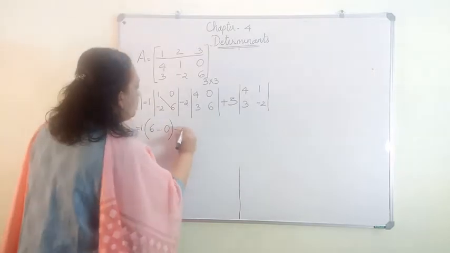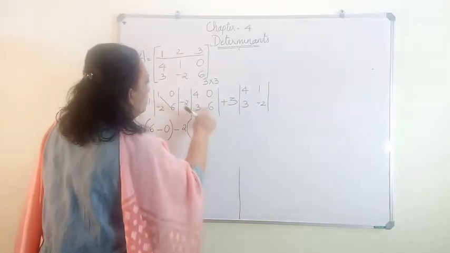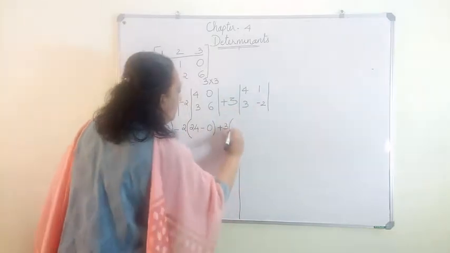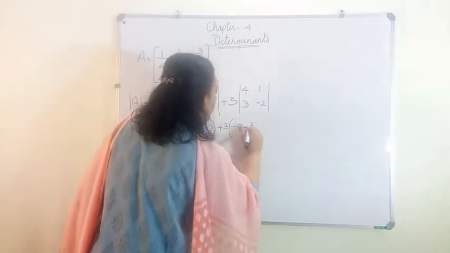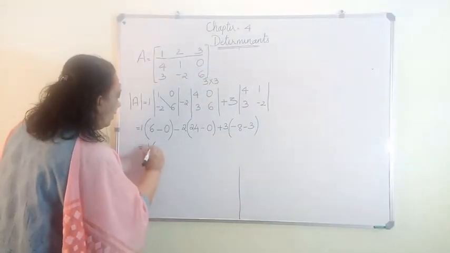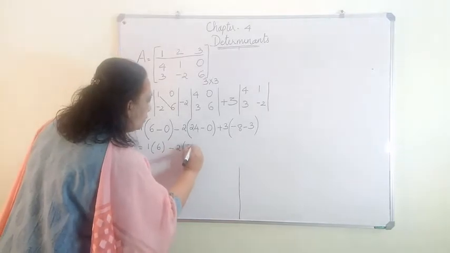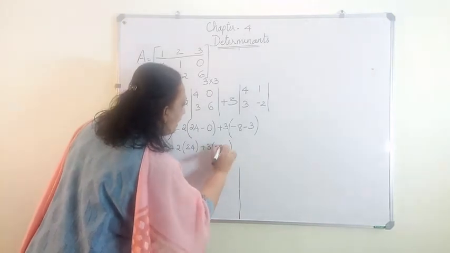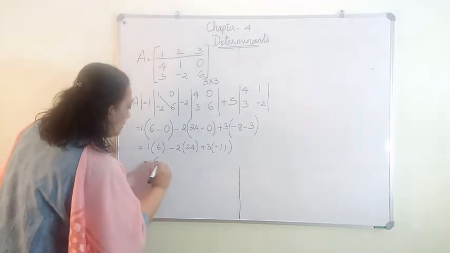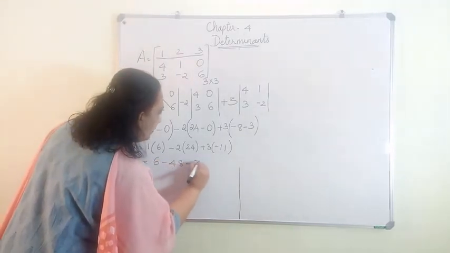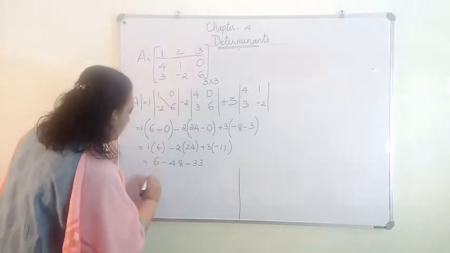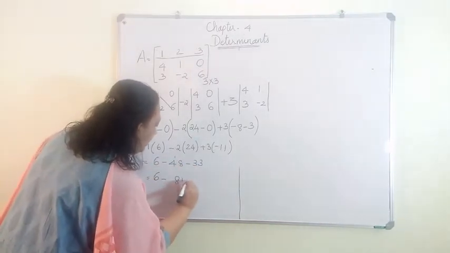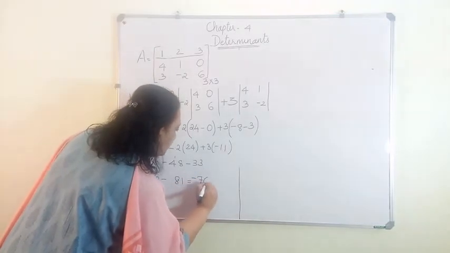Minus 2 into 4 6 are 24 minus 0 plus 3 into minus 8 minus 3, which is equal to 1 into 6 minus 2 into 24 plus 3 into minus 11, which is equal to 6 minus 48 minus 33. 11 times 3 is 33, and that is equal to minus 76.